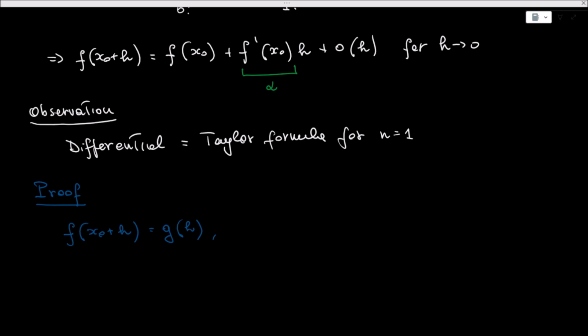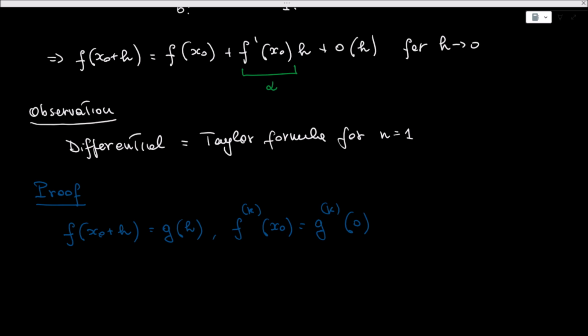Okay, the same way we see that if we take the kth derivative of f evaluated at x naught, this is nothing else than the kth derivative of g evaluated at 0. In fact, taking the kth derivative of f at x naught means that we are assuming h to be equal to 0. So this is equal to the kth derivative of g evaluated at 0.